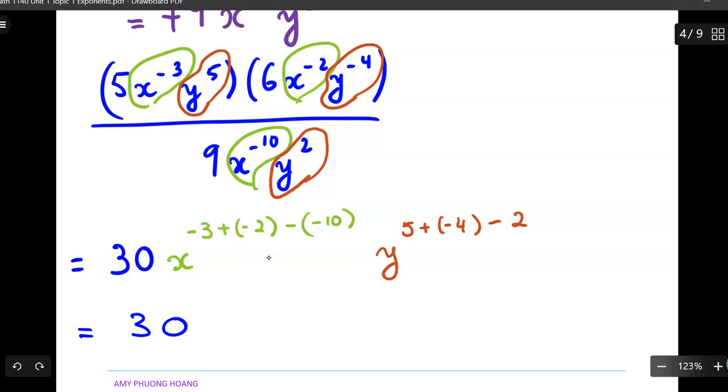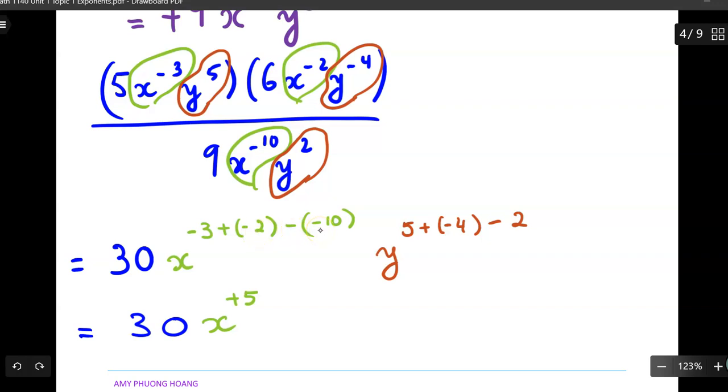Okay, so now you have negative 3 plus negative 2 is negative 5. And then you subtract that with a negative 10. The answer should be positive 5. So in this case, I should have x raised to the positive 5. If you're not sure, you can use the calculator for this. Okay, so negative 3, subtract 2, add 10.